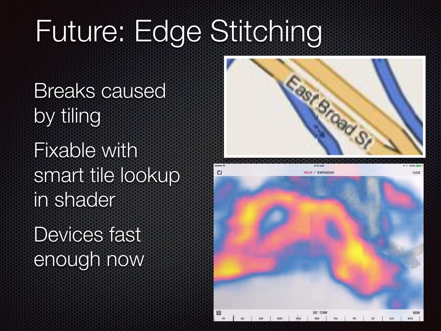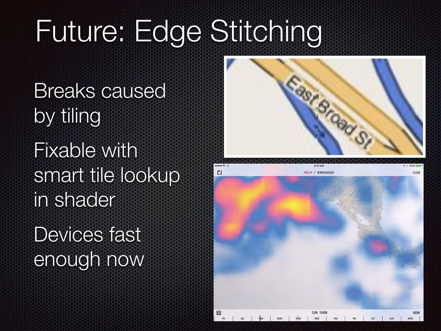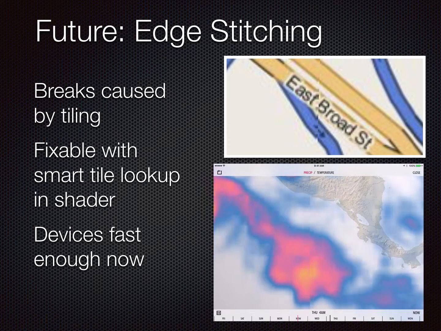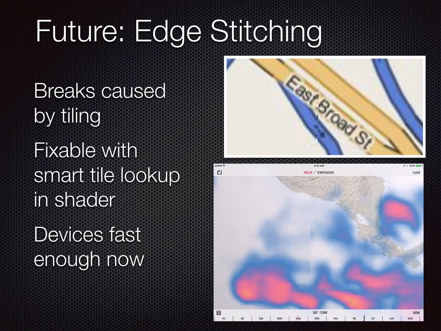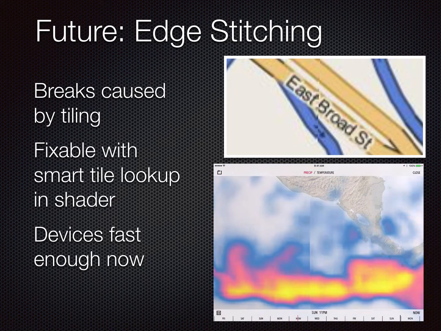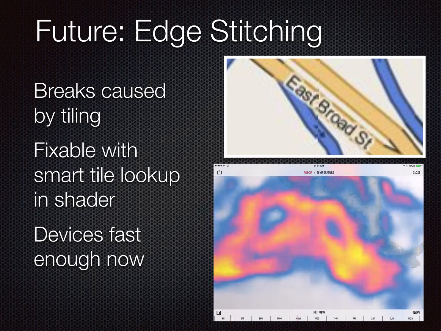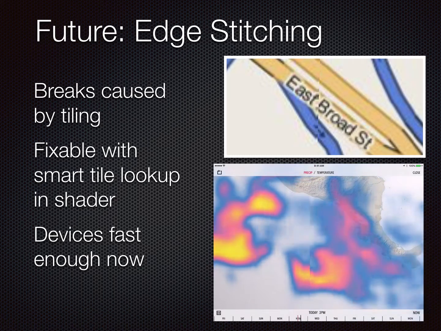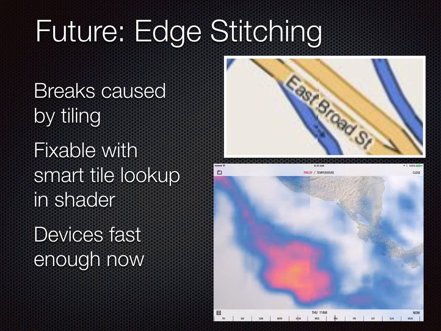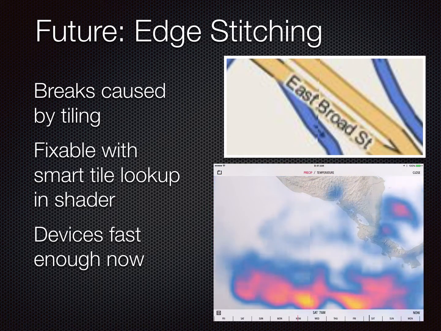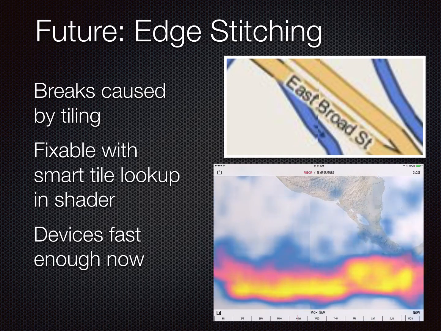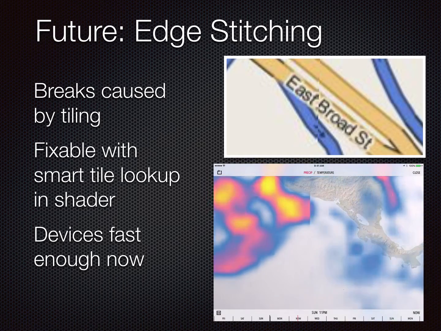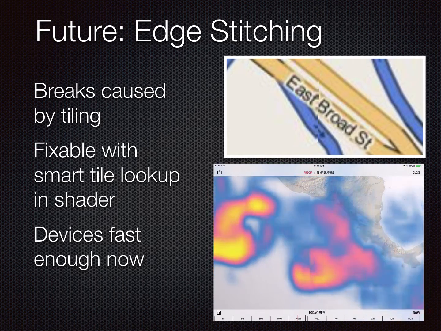So if you overzoom the data, you get too close to it, as in the upper right there, you'll see discontinuities where there's linear features, or if you're doing some fancy interpolation as on the lower right, you'll see discontinuities at the edges. This is fixable, but it requires a bit of shader math, and it looks like devices are now capable of doing this without wasting too much of the GPU. So we need to do some shader math, we need to use a bit more memory, and there's a lot of internal logic to make it all go. But we'd really like to fix this problem in the next version.